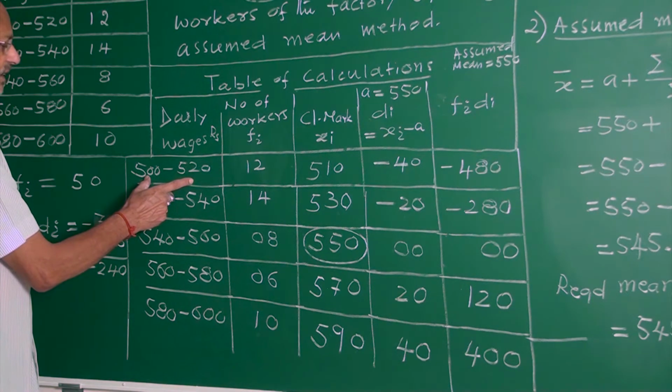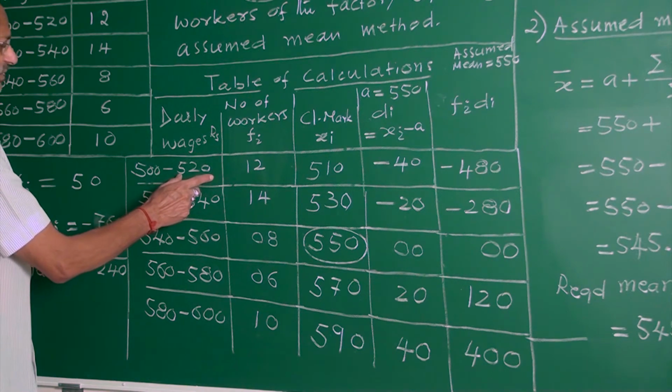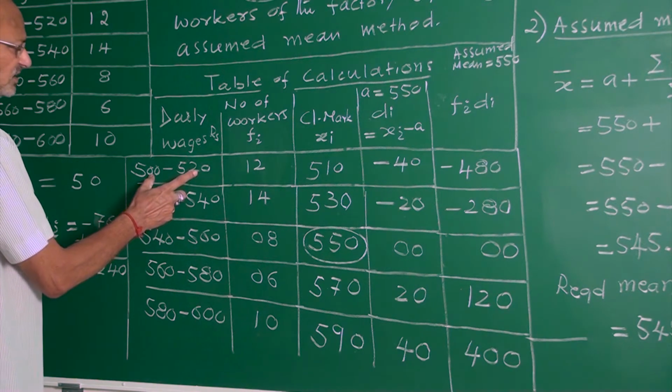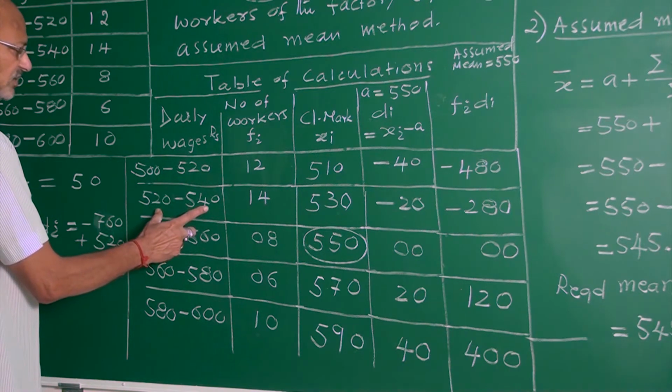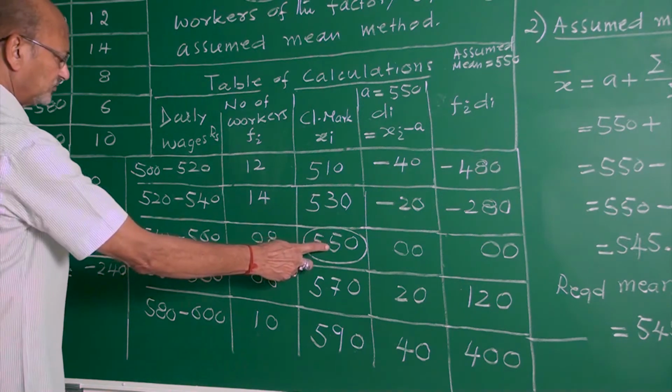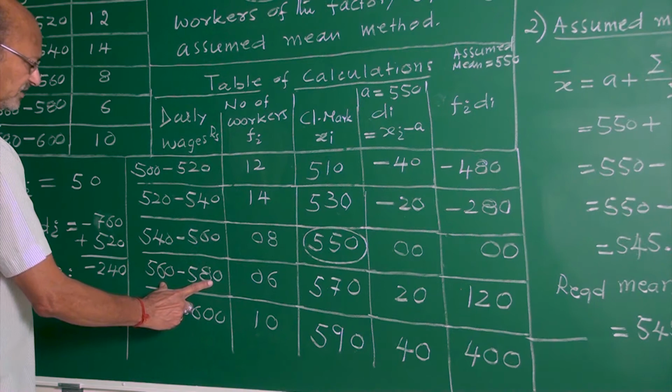Add these two and divide by 2. 500 plus 520 is 1020, divided by 2 means 510. Now 20 plus 40 is 60, divided by 2 is 30. 100 divided by 2 is 50. This is 180.